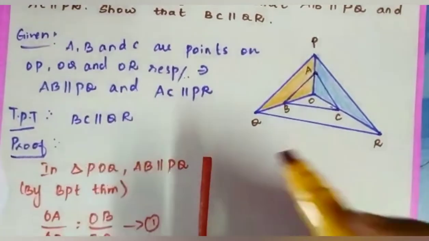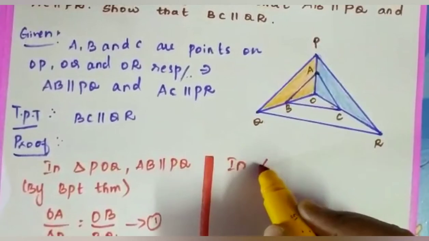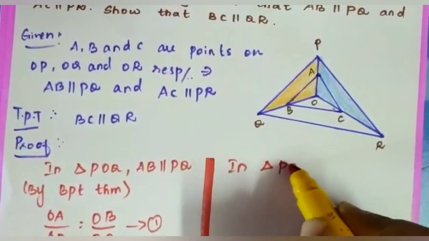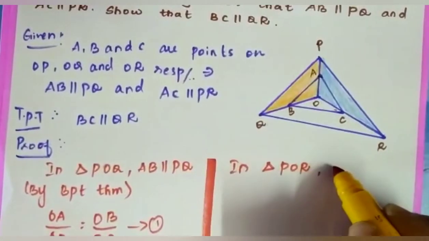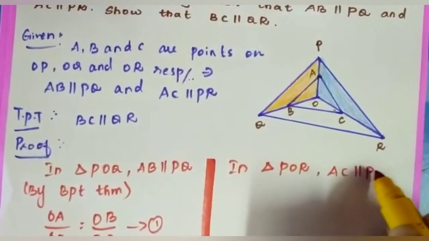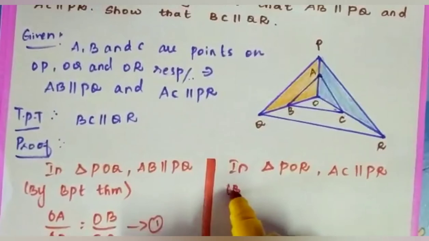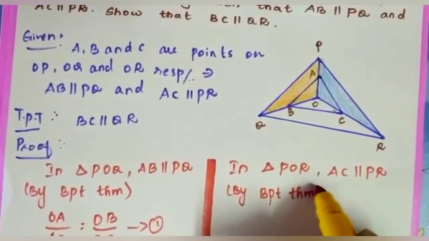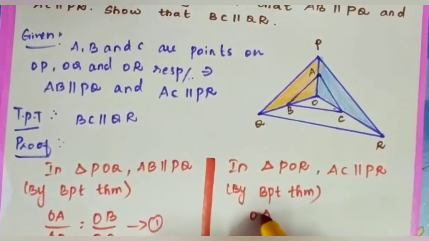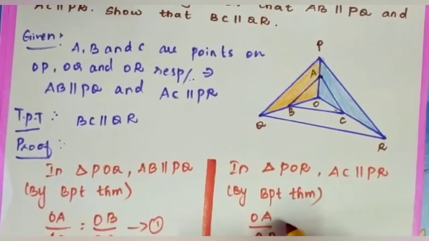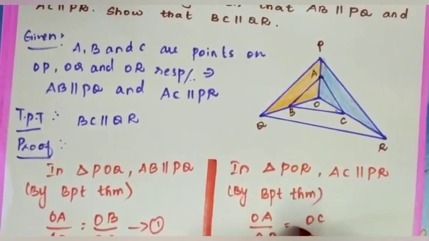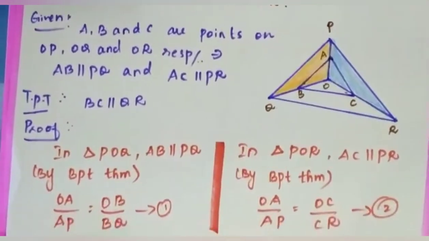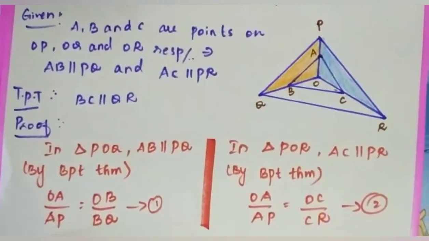And next one. In this triangle POR, AC parallel to PR, by BPT theorem, OA divided by AP is equal to OC divided by CR. Mark this as 2. Clear?